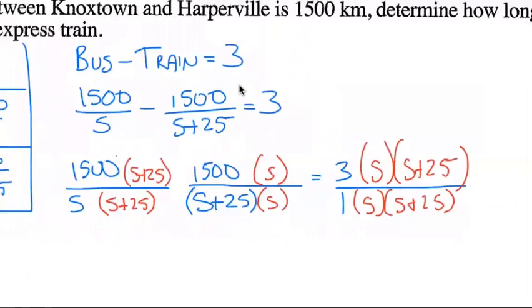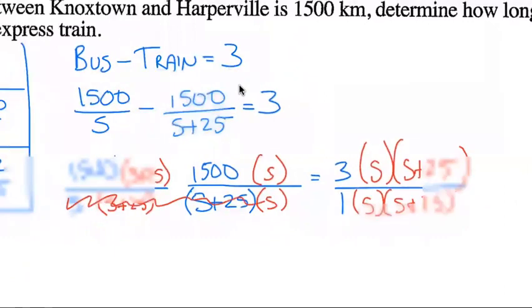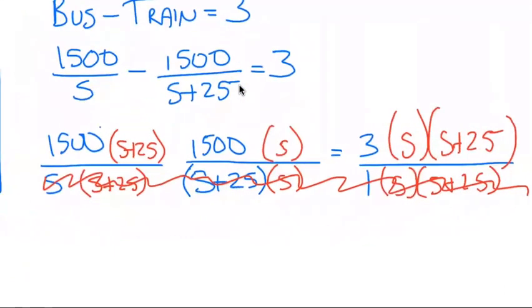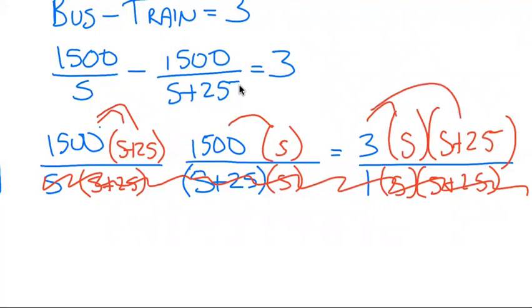All on the same common denominator now. I can scratch it right off, and I can expand some brackets. I'm going to multiply those together, and multiply the 3 times the 5 and then multiply that into that bracket.